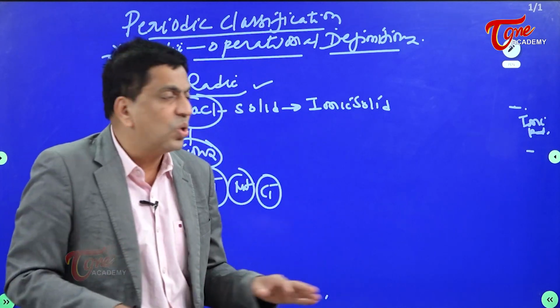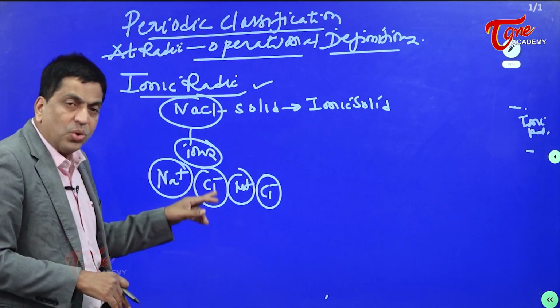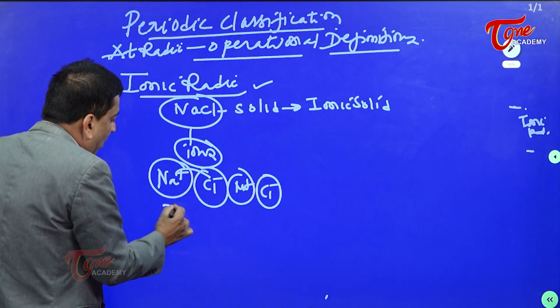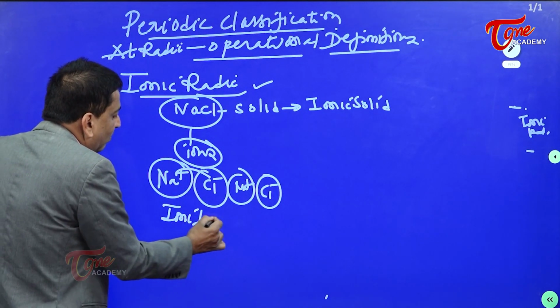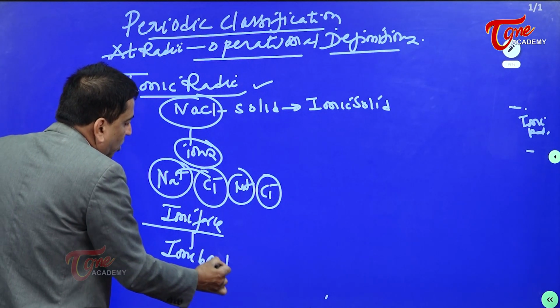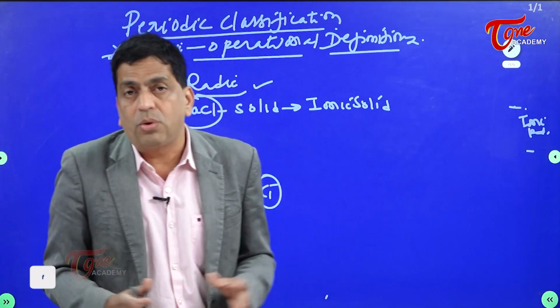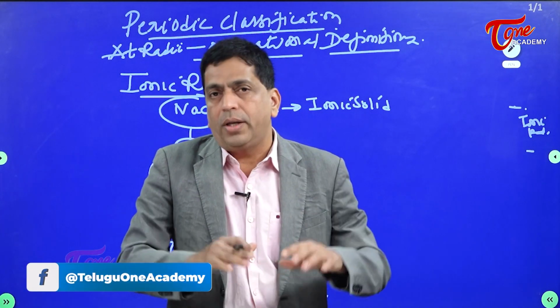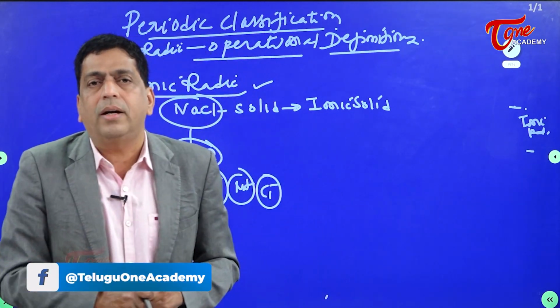So if you have ions and these two ions are bound by ionic force, an ionic force itself is called an ionic bond. A force is a bond, a bond is a force. So for all ionic solids, you must be applying ionic radii.